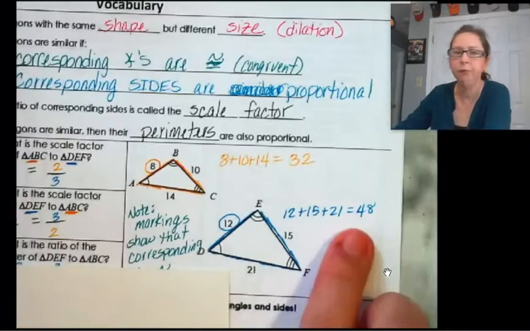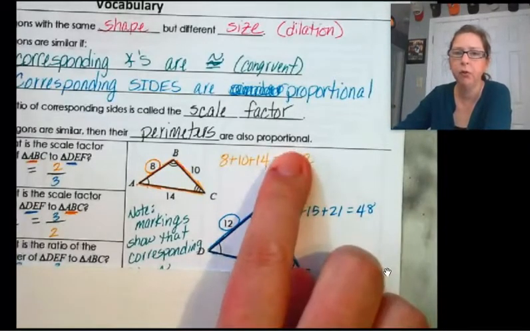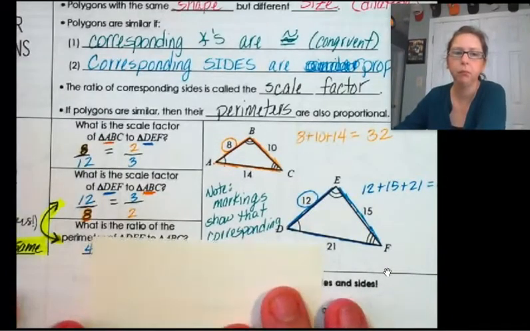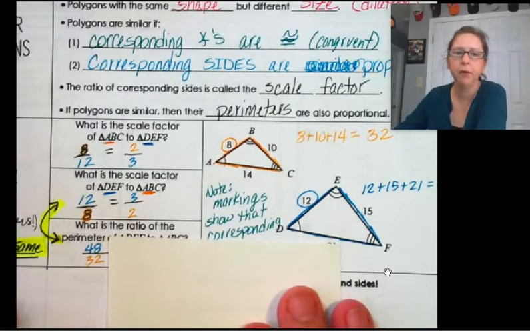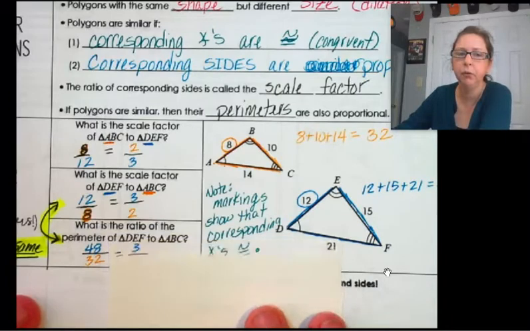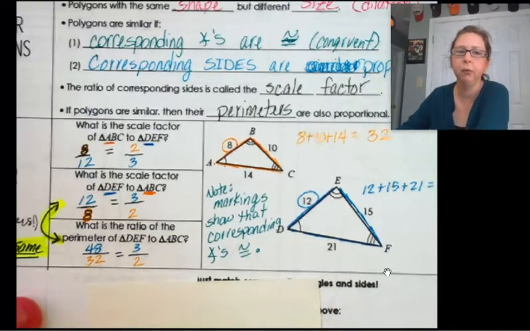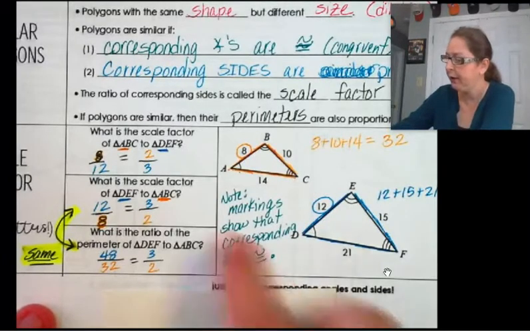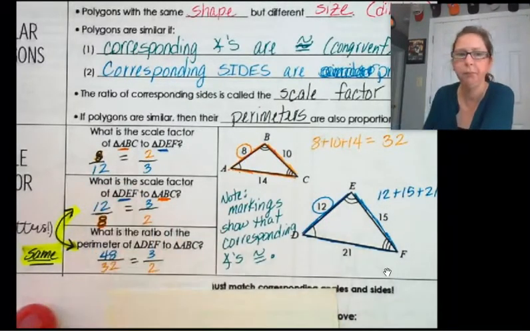So we're going to have 48 over 32. And if you simplify 48 over 32, you're going to get 3 over 2, or a 3 to 2 ratio. And I want you to notice that these are the same.